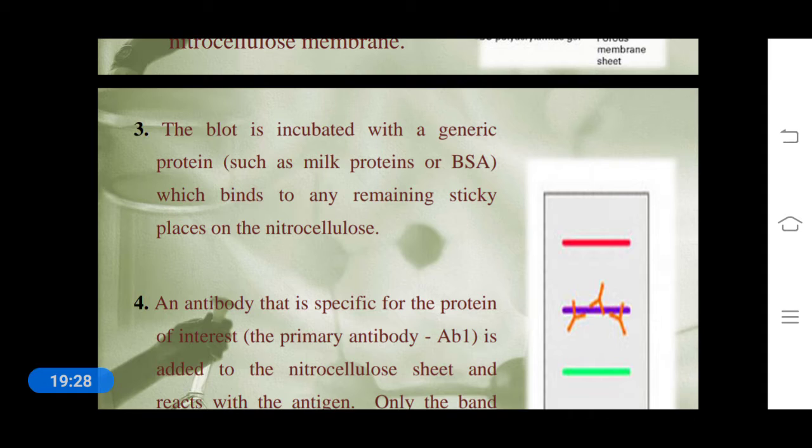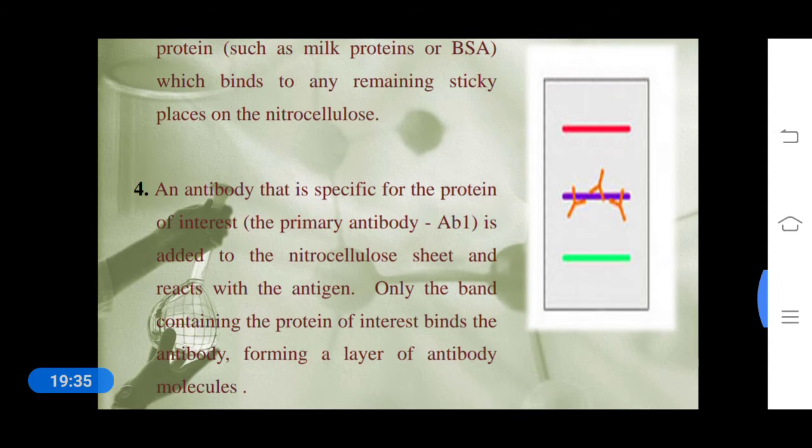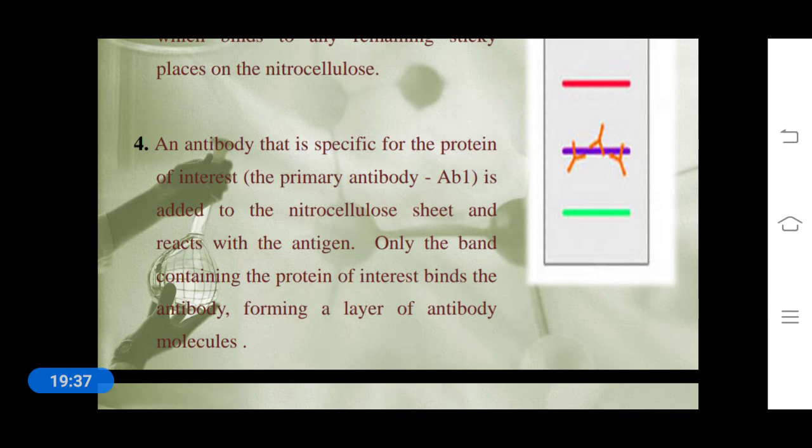Now an antibody which is specific for the protein of interest is added to the nitrocellulose sheet and reacts with the antigen. So here the primary antibody, that means the antibody specific for the protein of interest, will be added to the nitrocellulose sheet and reacts with the antigen.